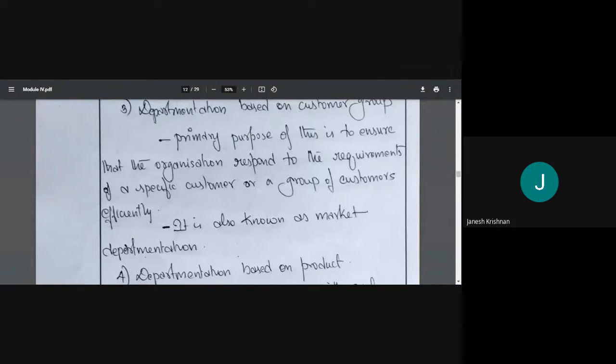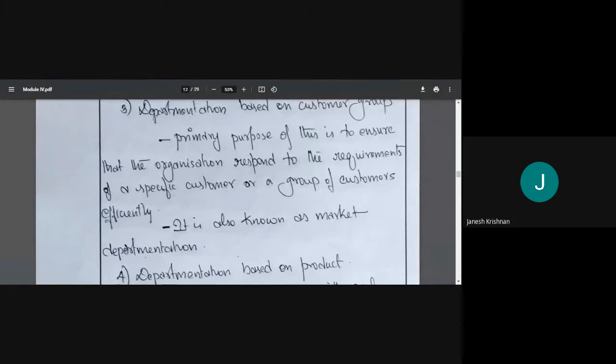Okay. So there will be an agriculture department, NRI department like that. What is the base there? That is based on customers. Because the customers are NRIs, they have a specialized branch for NRIs only. Most of the customers are from an agriculture background, so they have a department for agriculture purposes only. Like that, they have based on the customer group. So this is also known as market departmentation.